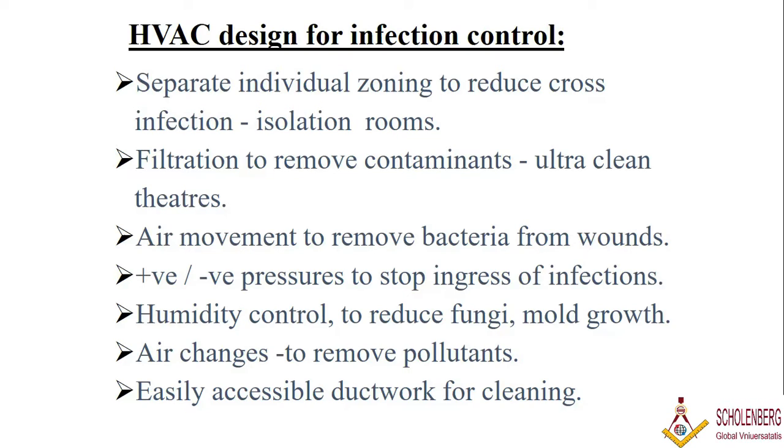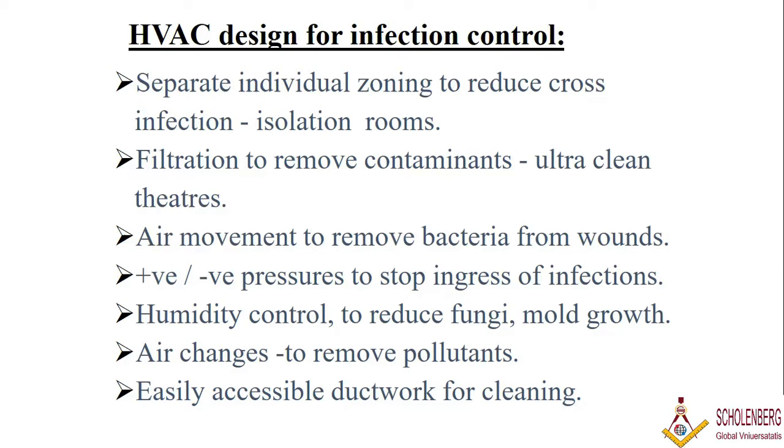We always isolate patients infected with COVID or even tuberculosis, chickenpox, which are highly contagious. And then we have to design our air movement depending upon what type of flow, how much air we have to discharge, and what velocity and type of flow it should be, so that nothing settles on the floor.